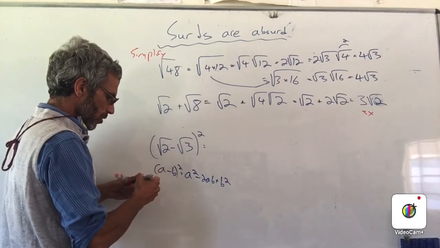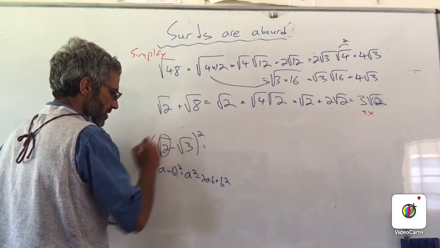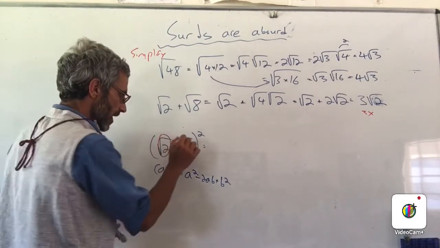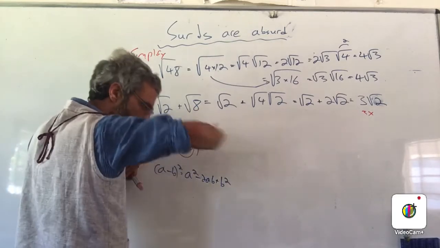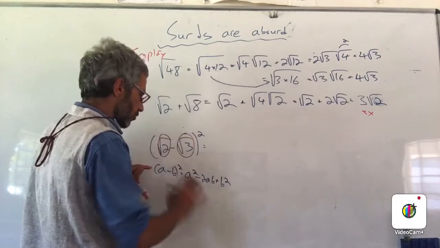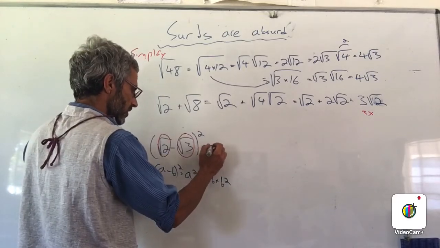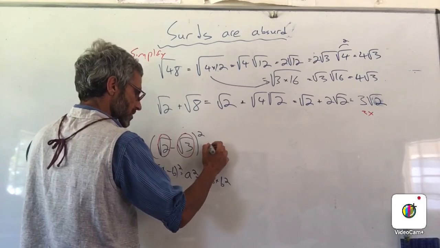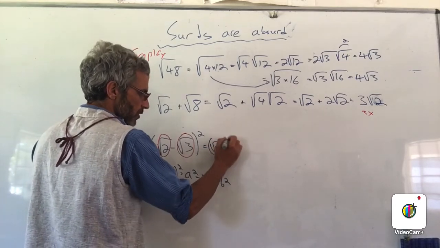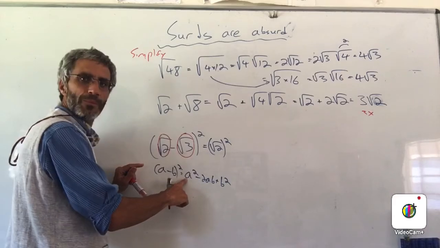So now, what is your a? This is your a, square root. That's your b. Let's write the whole thing. Normally, I wouldn't expect you to write the whole process. You can make some shortcuts, but for now, we'll do it together. Slowly. So we take a and we square it, that's this bit.